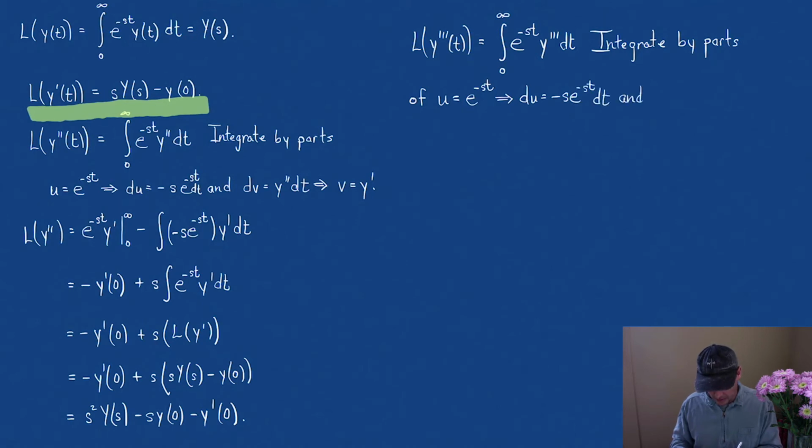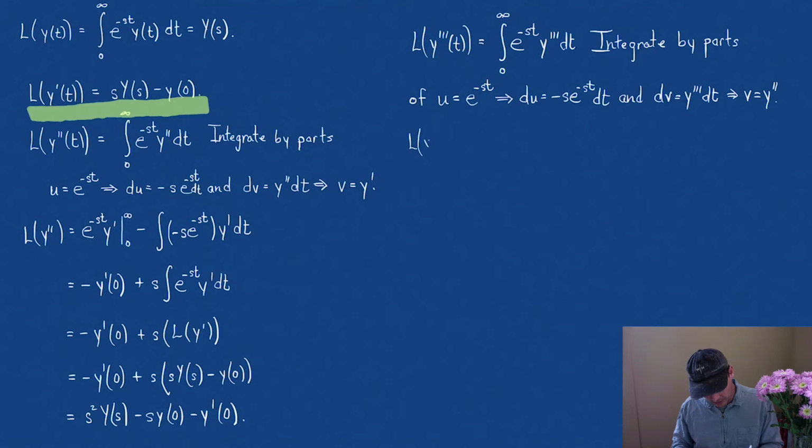And our other part is going to be dv. For dv, we're going to use y triple prime dt. And so that's going to give us that v is y double prime. There's our parts.